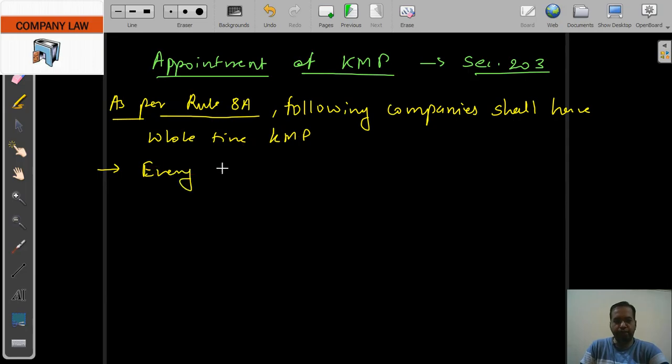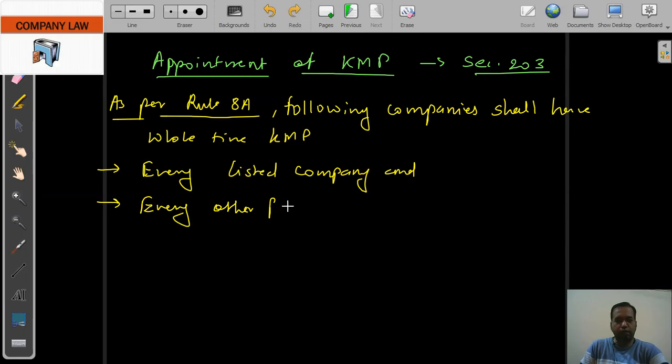Every listed company, and every other public company having paid up share capital of 10 crore or more.